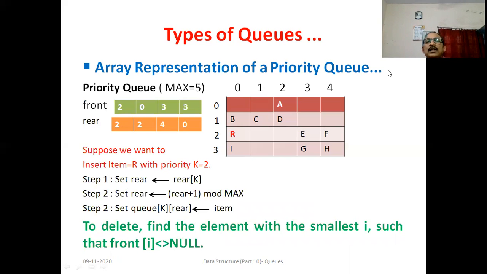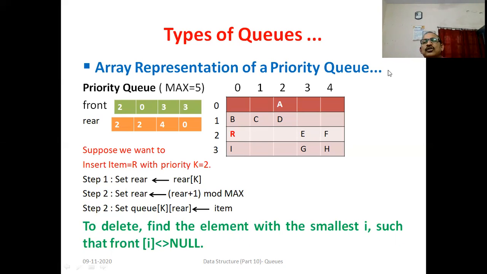Now, let us consider a 2-dimensional array. We know that row 0 represents priority queue 0, row 1 represents priority queue 1, row 2 represents priority queue 2, and row 3 represents priority queue 3.